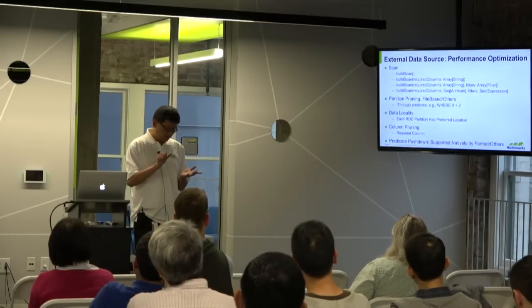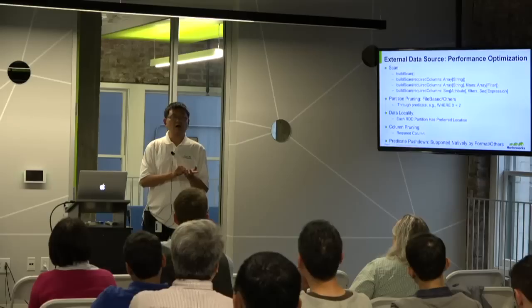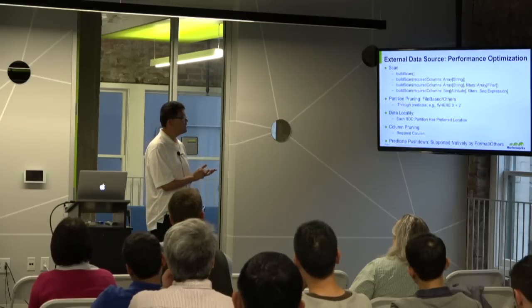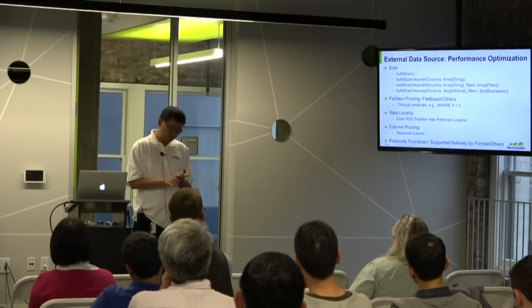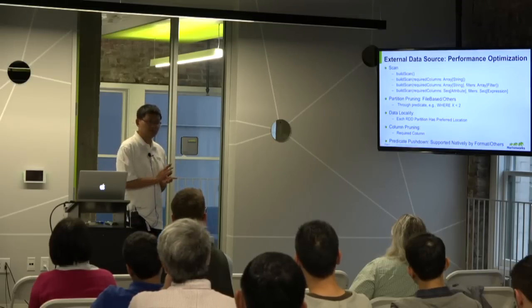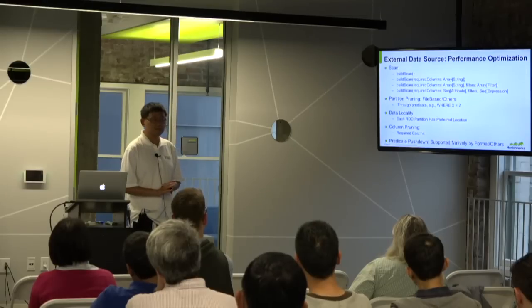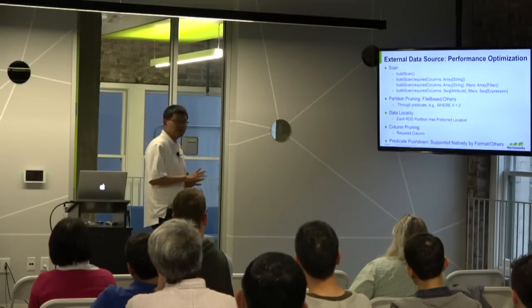So this code has to read all the data from the file. There's no column pruning, no partition pruning, no predicate push down. It's the overhead, there's not any optimization. You read the whole file and pass it.